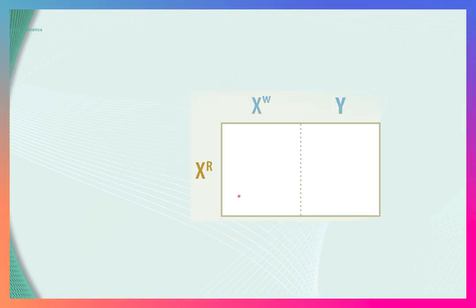Now, let's say, for example, that this trait is carried on the X chromosome, and both the female chromosomes have this trait, whatever R represents.